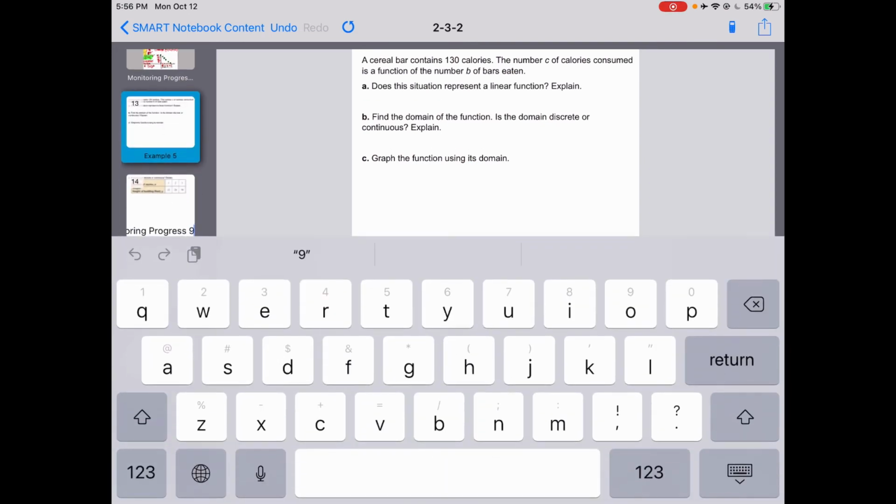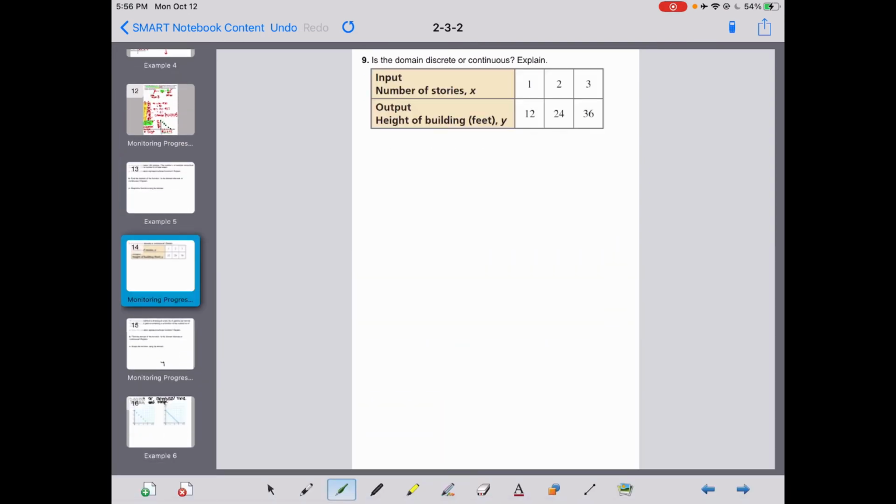We'll save that one for a warm-up. Let's look at number 9. Is the domain discrete or continuous? Explain. Input is the number of stories of a building. The height of the building is the y value. So when we're talking about stories, we can have half of a story and it would build more height to the building.